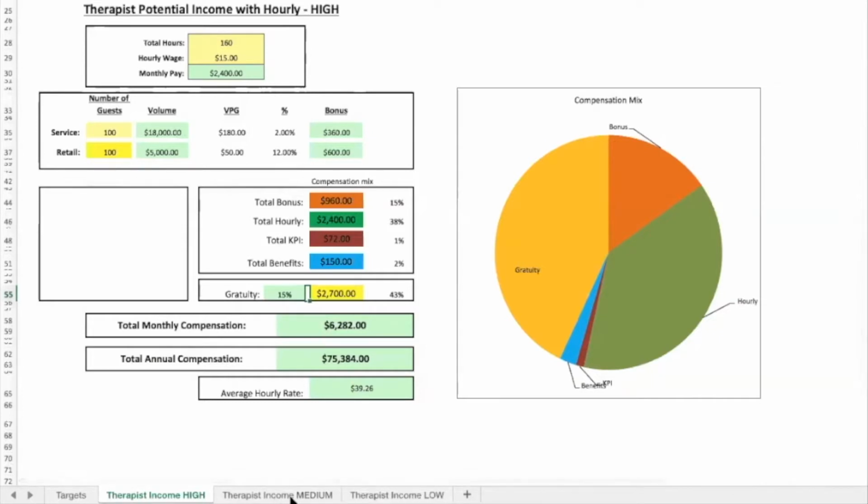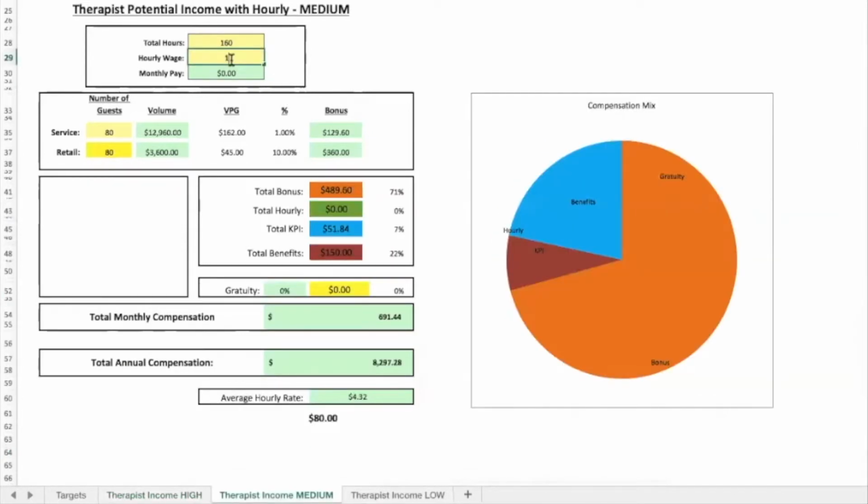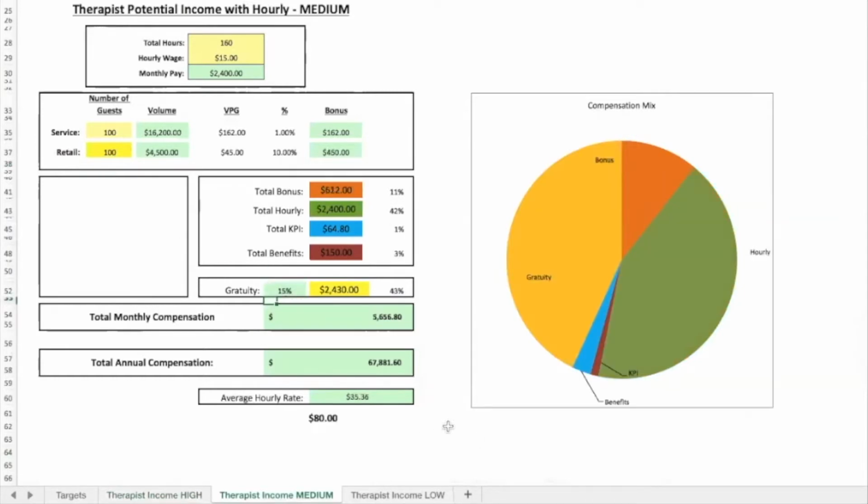So if I came to the medium, I use the same numbers, $15 an hour, 100 guests, 15% in gratuity. They're going to make $35 an hour on the medium.